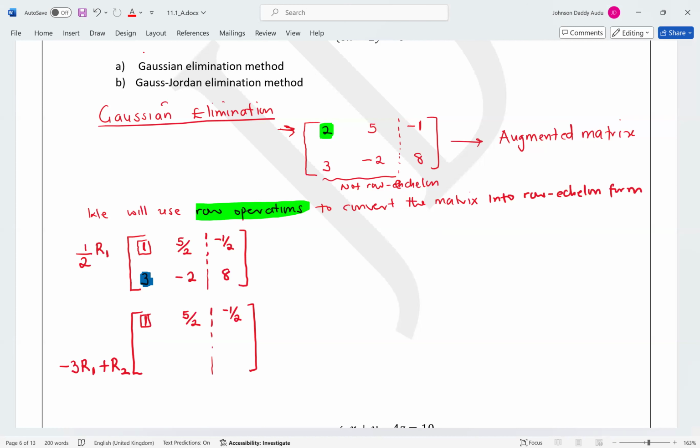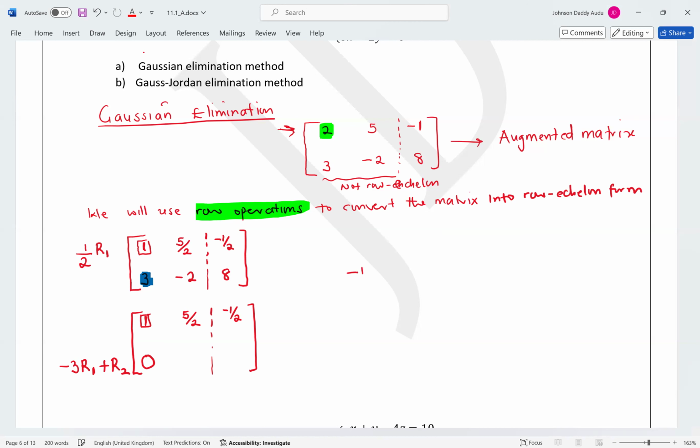So it means you did -3 times row 1. So you have -3 times 1, which is -3, plus 3. This becomes 0. Then -3 times 5/2, which is going to be -15/2.